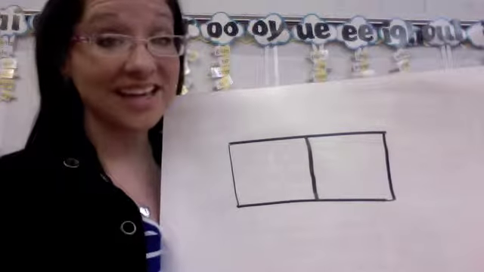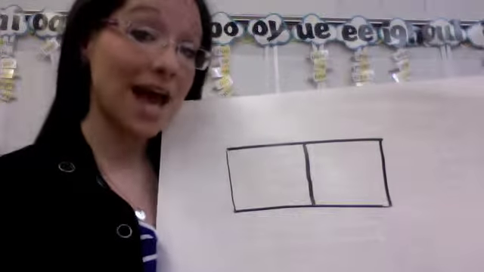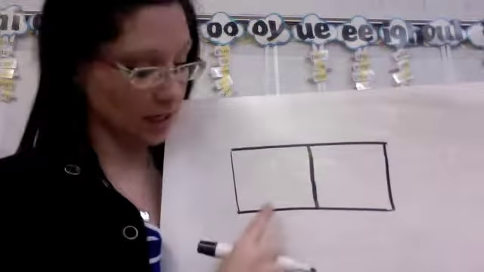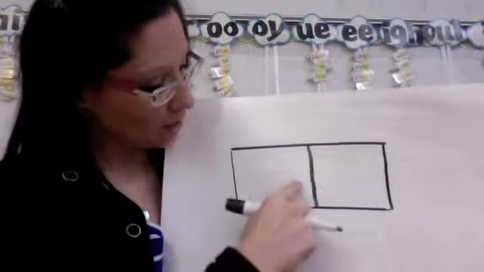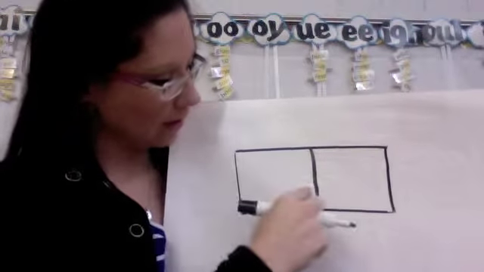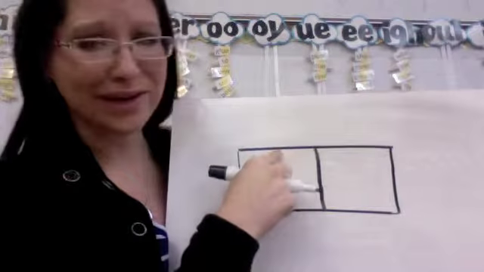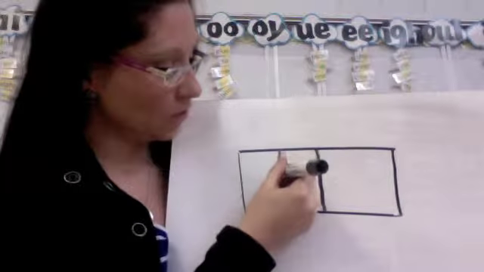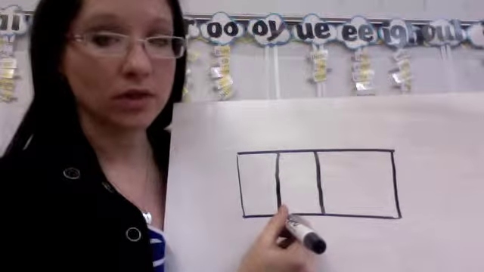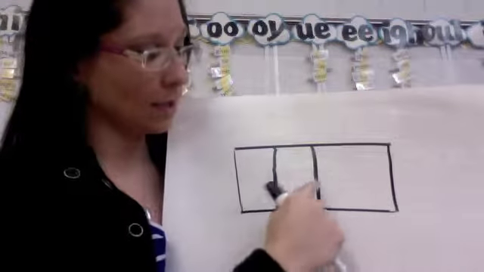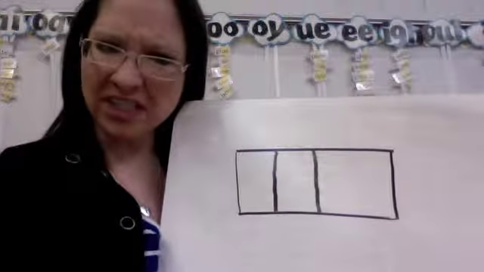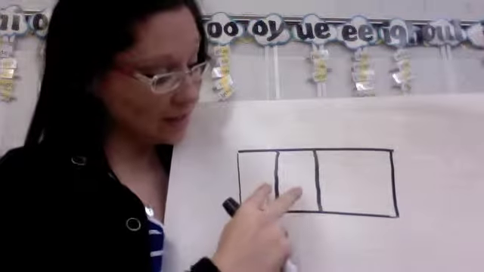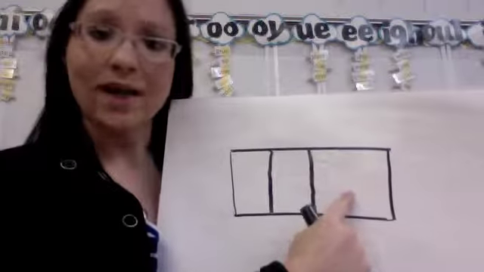So now I'm going to take these halves and partition them again to make 4 equal parts. I'm going to split this first equal group here in half. So I'm going to find halfway between here and here, which is about here. And I'm just going to do my best to put my pencil at the top and draw a straight line down. So now I've got it splitting up into 3 parts, but are those parts equal? No, because these 2 are the same size, but this one is a lot bigger.